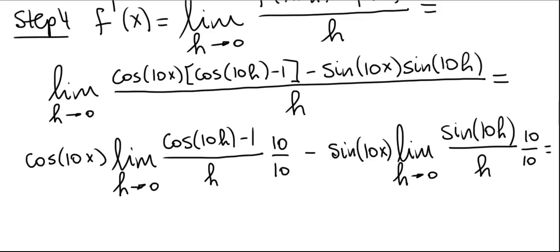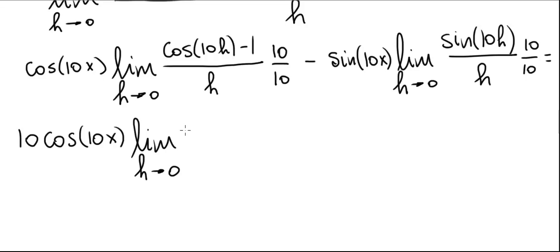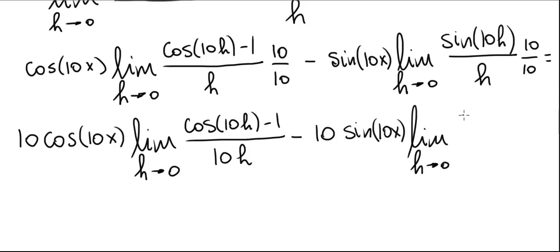Now the 10's in the numerator can be factored in front of the limit, so this becomes 10 times cosine of 10x times the limit as h approaches 0 of cosine of 10h minus 1 divided by 10h, minus 10 times sine of 10x times the limit as h goes to 0 of sine of 10h divided by 10h.